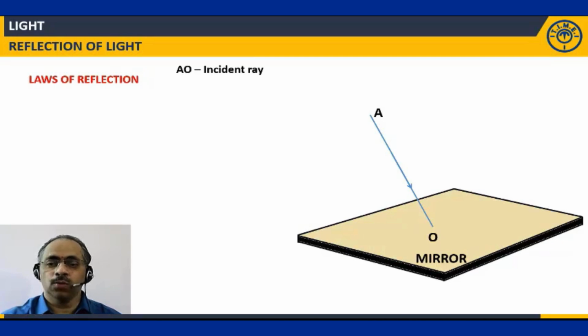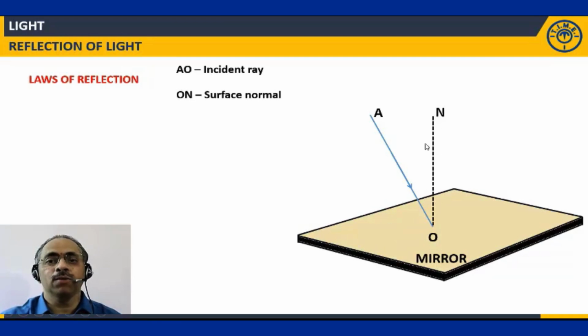Okay. So O is the point of incidence. Now at this point of incidence, I'll draw an imaginary line perpendicular to the mirror surface, and that is what I call ON. This ON is nothing but the surface normal.